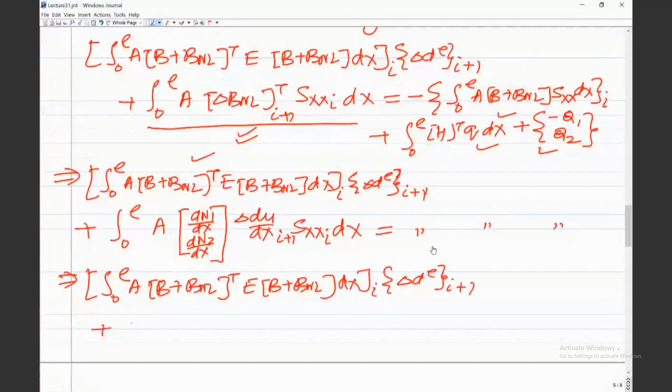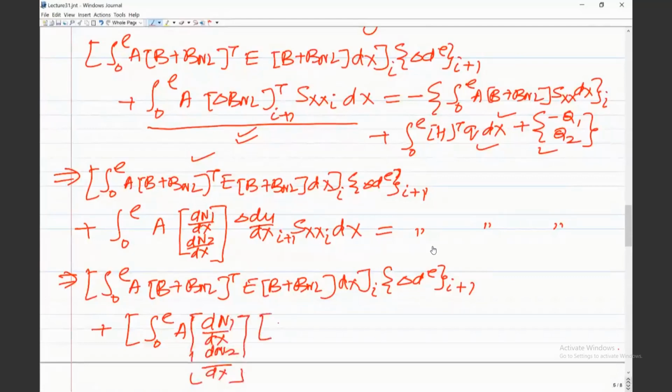And then the second term, we are writing again integration 0 to L A and dN1 by dx and then dN2 by dx, and then you have this delta of du by dx, and that would be written as dN1 by dx, dN2 by dx.